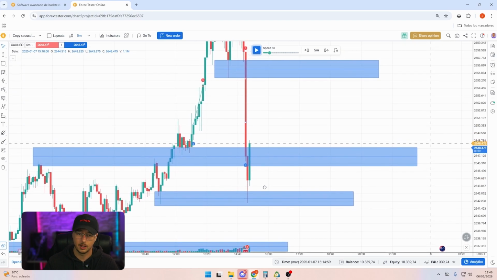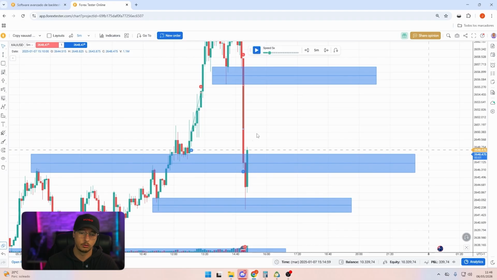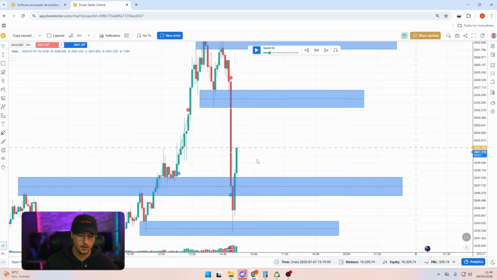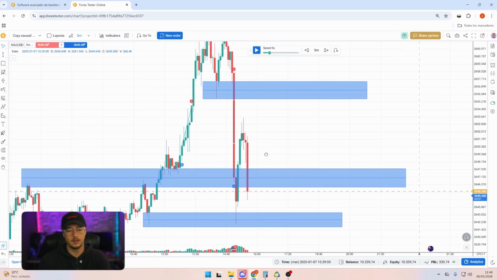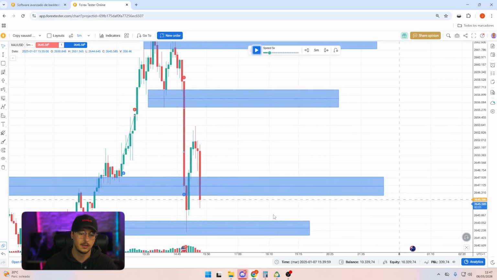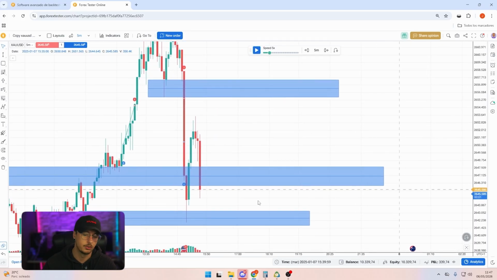So what we could see now is another market structure shift, and the price could come easily up here because this was a really strong movement, and obviously we could have some liquidity there. So let's see if we can actually get some trade here. Right now it's coming back down to retest this level, so it could be interesting to enter some buy position, but obviously if we use a market structure shift for the entry, it doesn't give us much space.